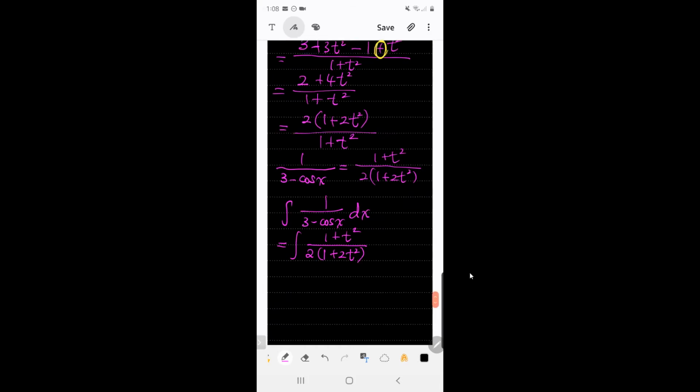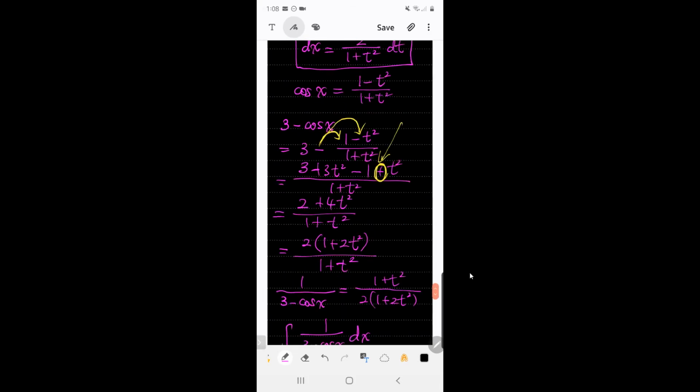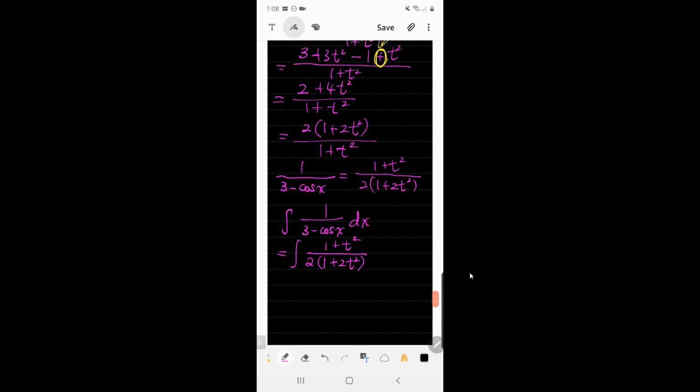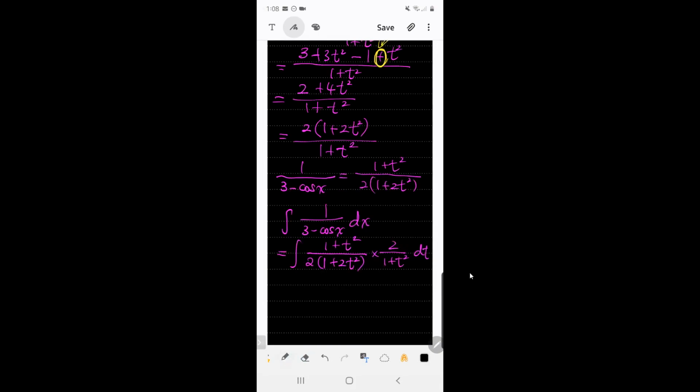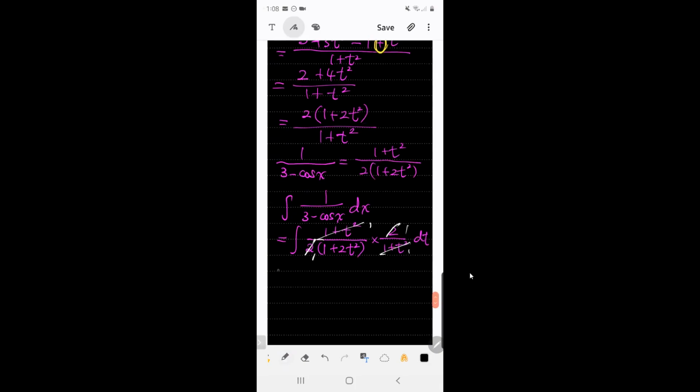Then the dx, you change it to 2 over 1 plus t squared dt. So you see, there are some terms cancel out. So the 2 and the 2 cancel out. 1 plus t squared and 1 plus t squared cancel out, leaving behind the integral 1 over 1 plus 2t squared dt. Right?